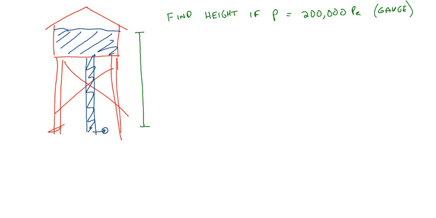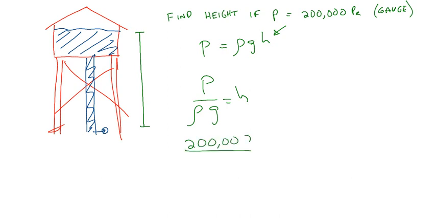All right, so here again, pressure equals rho gh. I'm looking for h, so I'd want to divide by the rho and the g to get h. And here I want 200,000 pascals. I'm dividing by the density of water, 1,000 kilograms per cubic meter, and I'm also dividing by 9.8 meters per second squared.